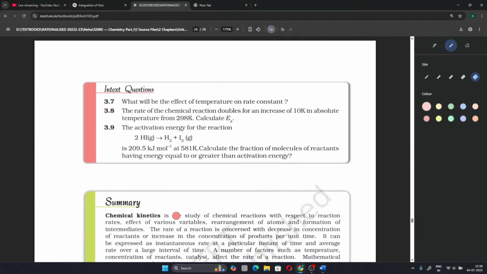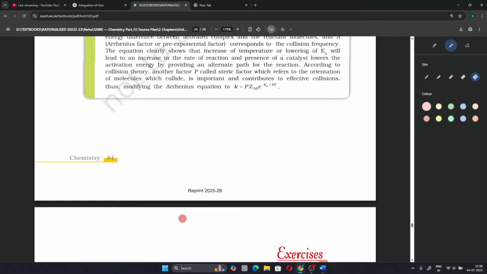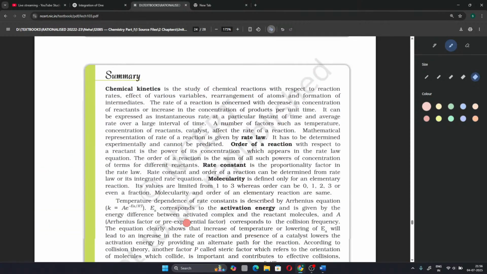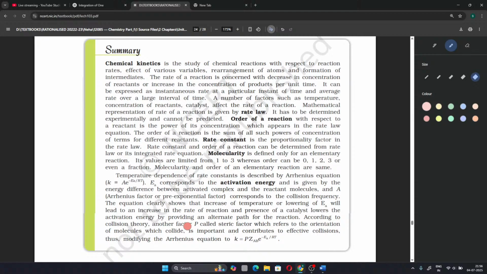With this, we have completed the chapter, but I will indeed read the summary. Chemical kinetics is the study of chemical reactions with respect to reaction rates, effect of various variables, rearrangement of atoms, and formation of intermediates.